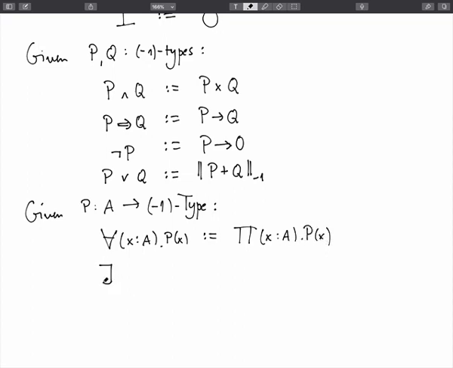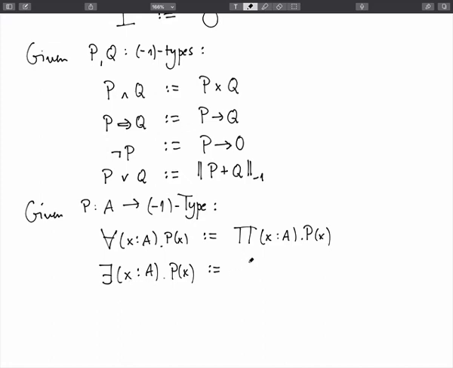But then exists, so you need now a theorem, there's some trickiness involved in saying, okay, so why is this a -1 type? This is a product of types, each of which has at most 1 point. And you want to know that this space has at most 1 point. So, again, this is something you need to prove.